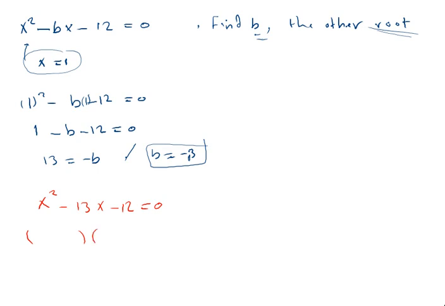Let's find the other root by factorizing this quadratic equation. Two factors both have x. I need two numbers or constants that when multiplied give me minus 12, and when added to each other give me minus 13. It's obvious that it's minus 12 and minus 1.